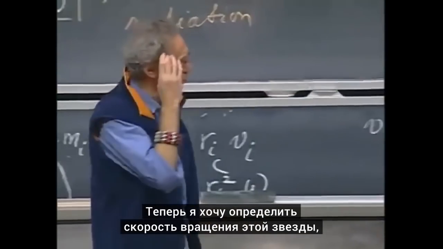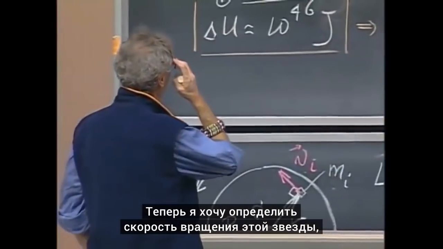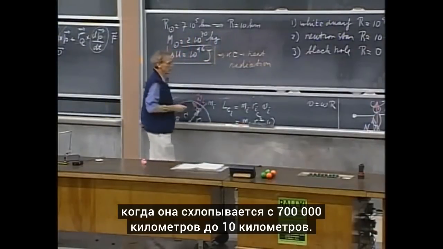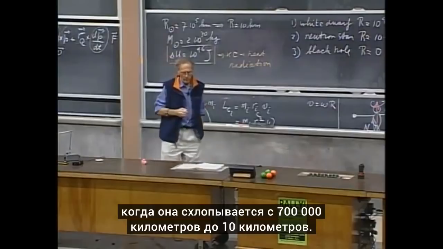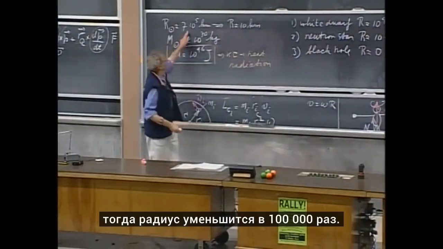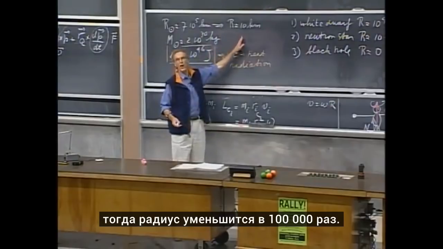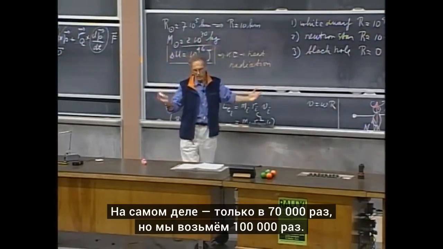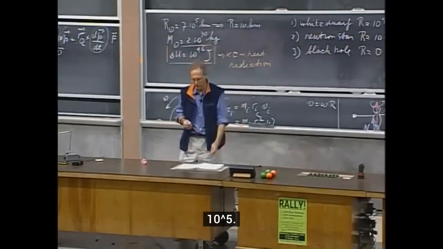I now want to pursue the spin-up of this star when it collapses from 700,000 kilometers to 10 kilometers. If we round the numbers off a little bit, then the reduction in radius is about 100,000. It's really only 70,000, but let's just make that 100,000, 10 to the fifth.